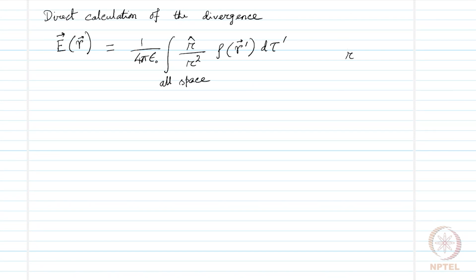And according to our notation, curly r is nothing but position vector in unprimed minus position vector in primed coordinate system.